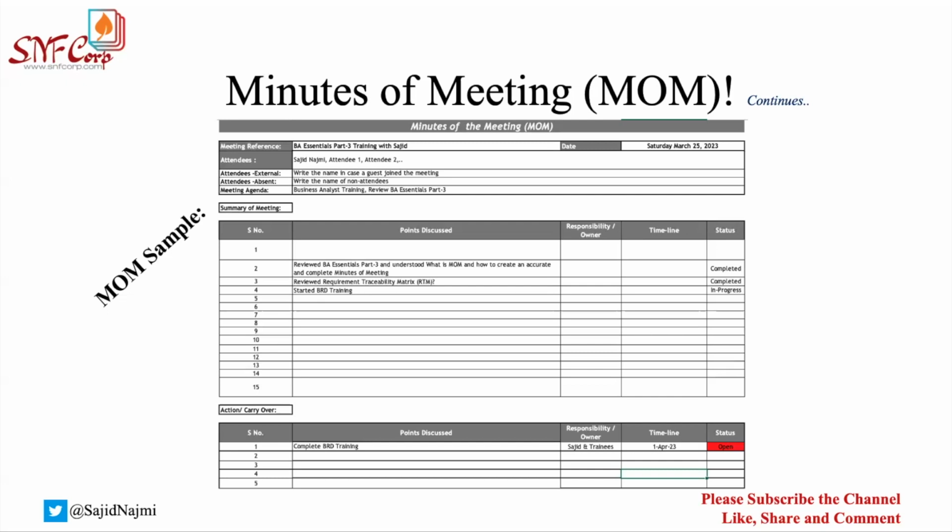All those items that we had an action date or due date for and could not complete, that is getting carried over to the next sprint or next meeting. That will be the points you write under the carryover section. So carryover and action could be the same points, could be different points. That depends upon the discussion you're having with the team.